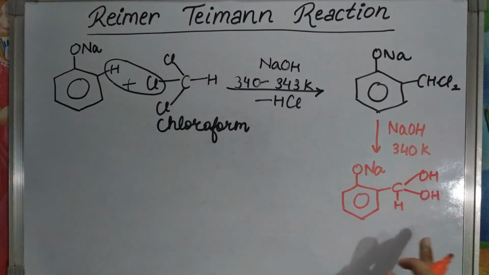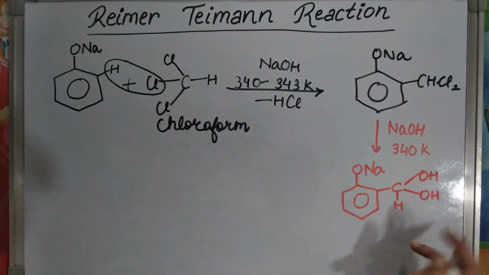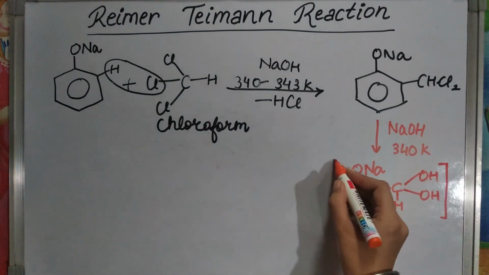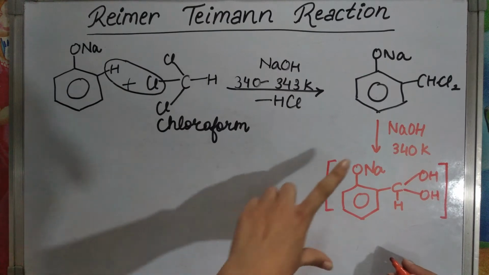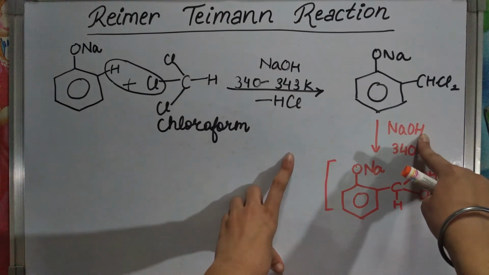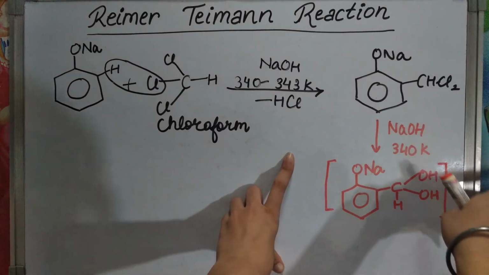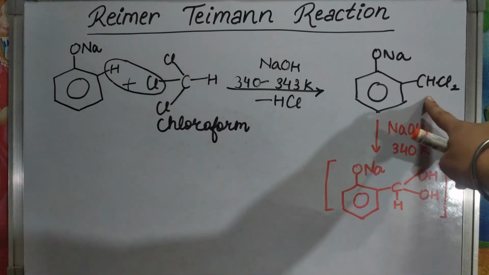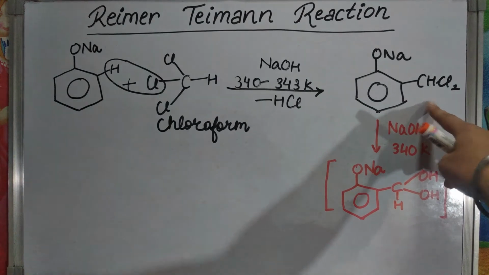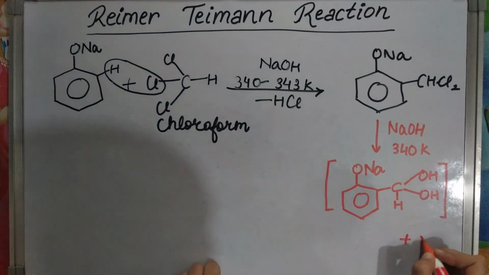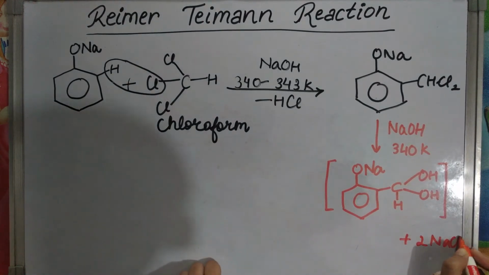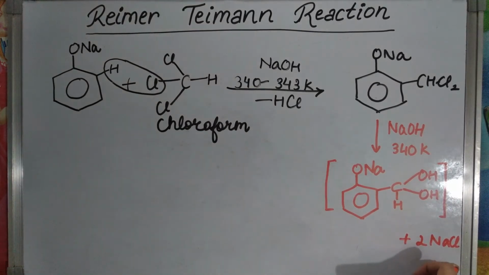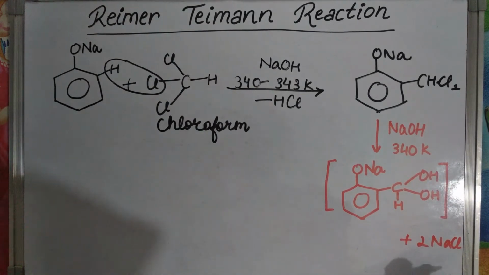They are converted to hydroxyl groups. And this is an intermediate. Also, we have hydrogen here and we have sodium and here chlorine. So, sodium chloride will be removed. That is, 2 molecules of sodium chloride have been removed.